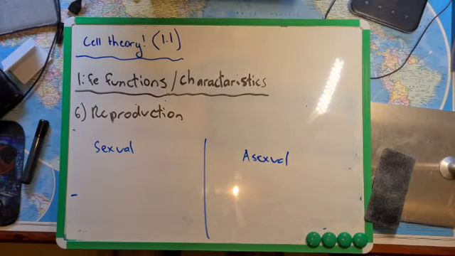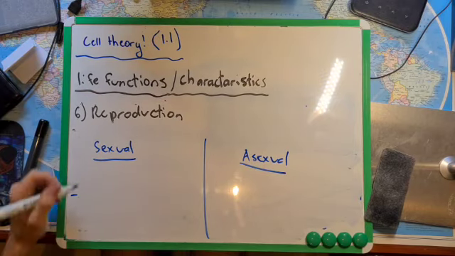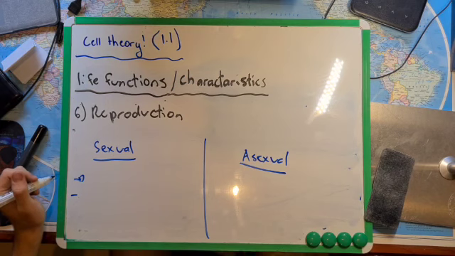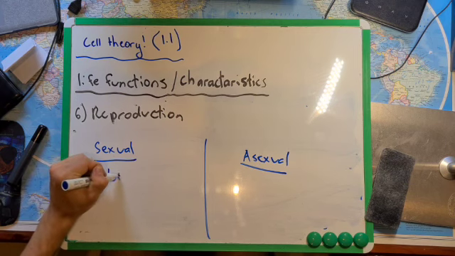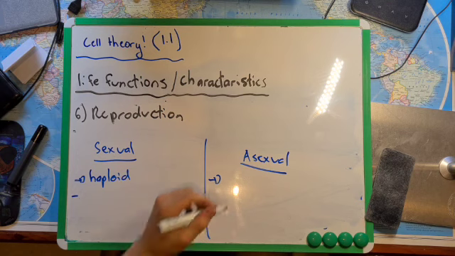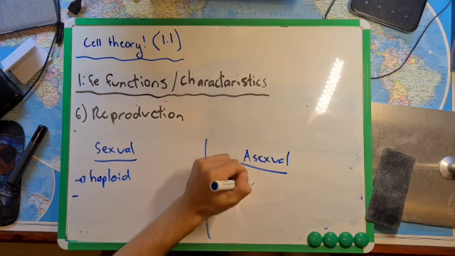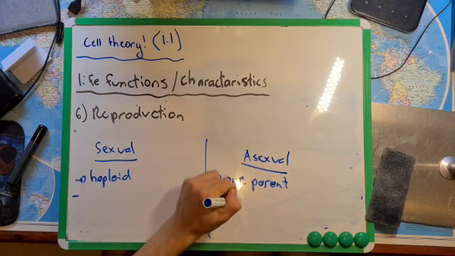Reproduction is an essential part within cells, this being either sexual or asexual, as discussed previously. Sexual is amongst two parents, involving the fusion of your haploid cells, with asexual reproduction being one parent and resulting in genetically identical offspring.